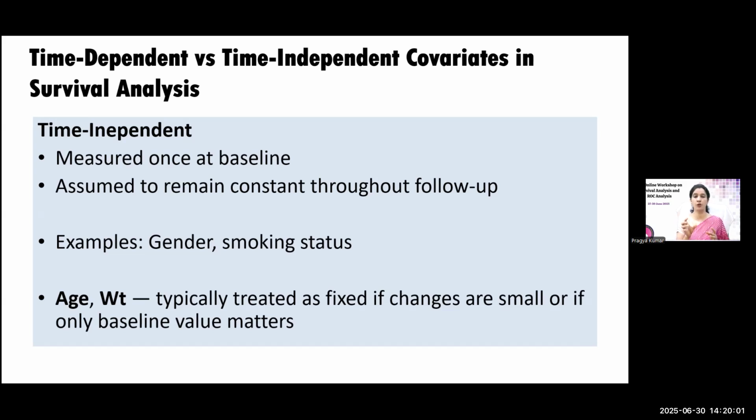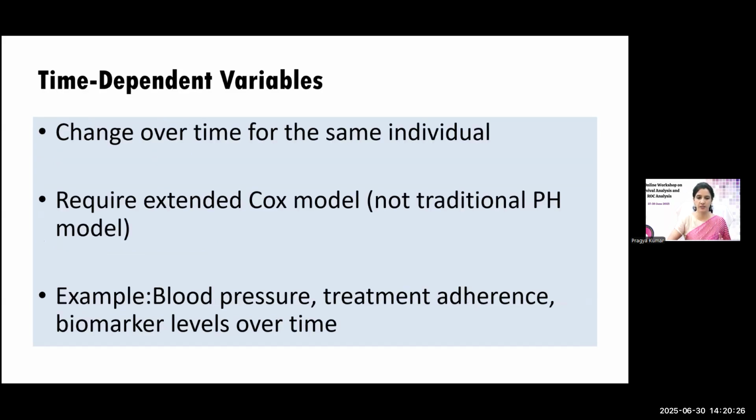We are not only going by a subjective way, that I think weight will not change or I think smoking status will not change. We have an objective way also to measure this, and that is to check with the proportional hazard assumption, or the PH assumption.